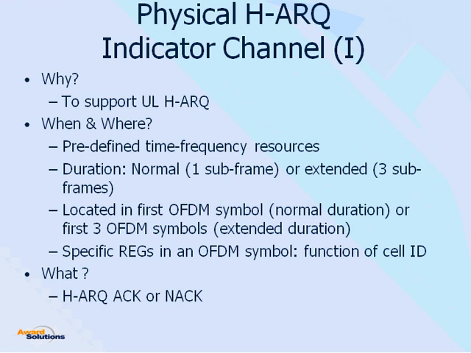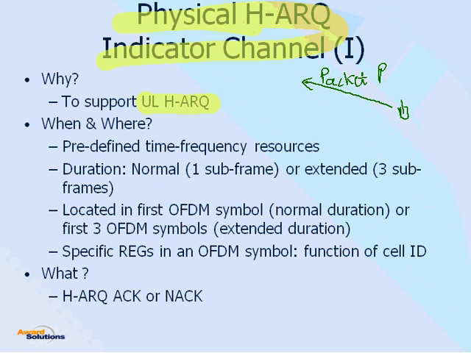Okay. Another channel that we have, physical hybrid ARQ indication channel. So basically, this is to support uplink hybrid ARQ. So the idea is that whenever the UE sends a packet to the E node B, packet P, the E node B says, yes, I got your packet without any problems whatsoever.